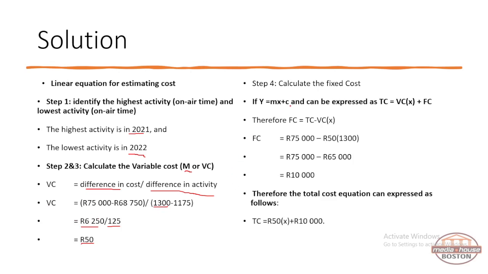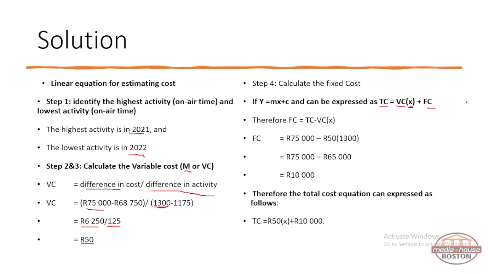So step four is to calculate the fixed cost. Since from the information already given, we already have one of these values, the total cost and the activity performed, we can use this formula, which is total cost equals VCX plus FC. We can reverse the formula to calculate the fixed cost, because we have the value for activity level, the value for total cost, and we already know our variable cost, which is 50 rand.